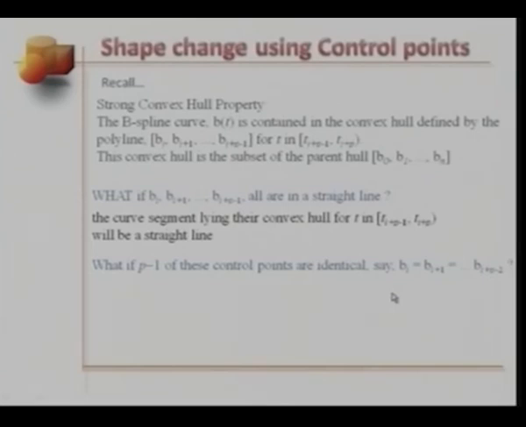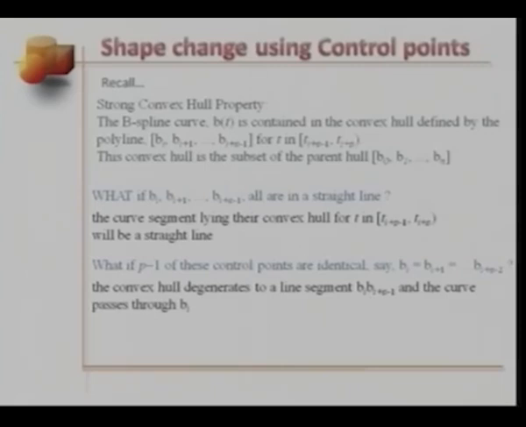So only one is not identical amongst these design points. Now you would notice that the convex hull degenerates to a straight line b_i, b_{i+p-1}, and the curve now passes through b_i.